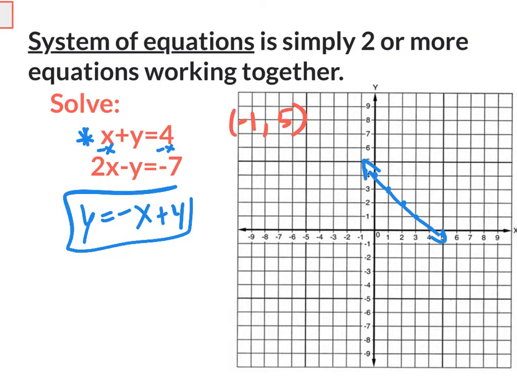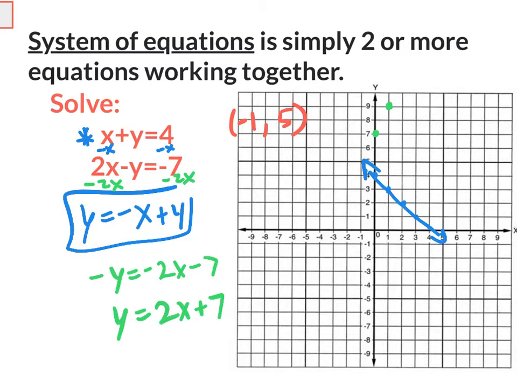Okay? And now, if I graph my other one, let's say in green, I would have to subtract 2x to get it in y equals mx plus b, but it would still be negative y equals negative 2x minus 7. So I'd have to multiply everything by negative 1 to make it my y equals mx plus b equation, y equals 2x plus 7. Are you with me? So this would cross at 7, and I would go up 2 over 1.